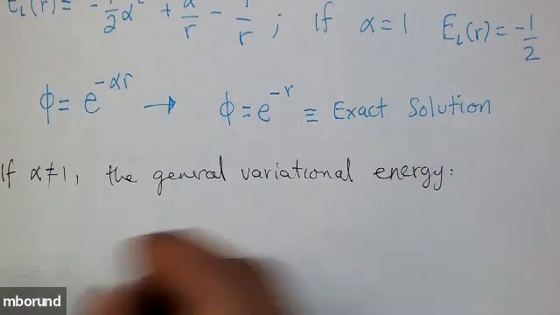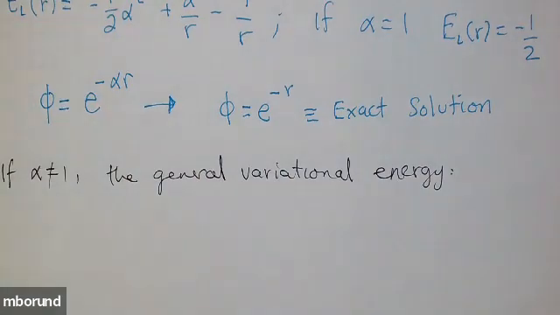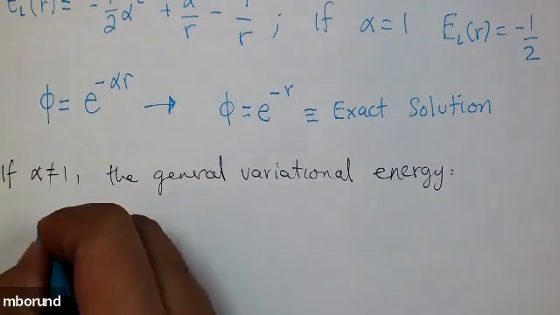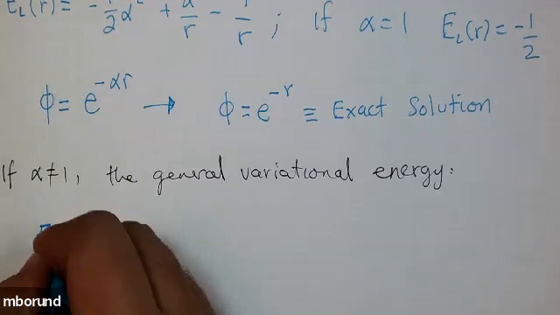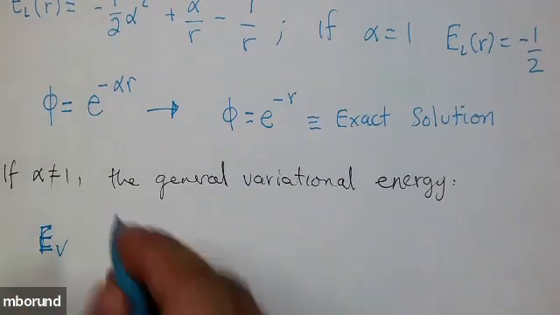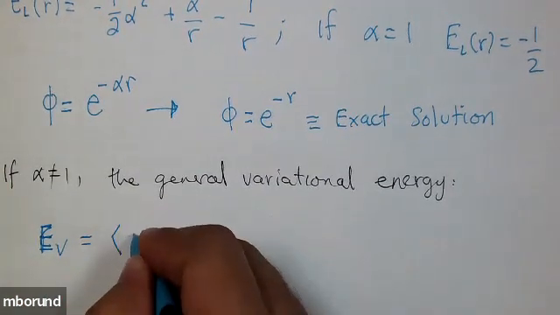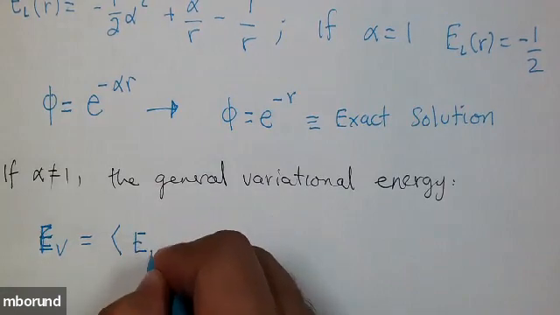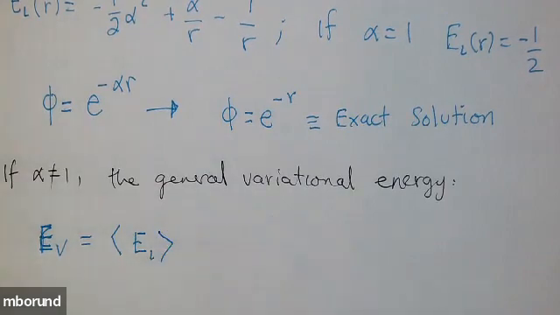Is given to you by, and here's the variational energy. What does this symbol mean? Expectation value.